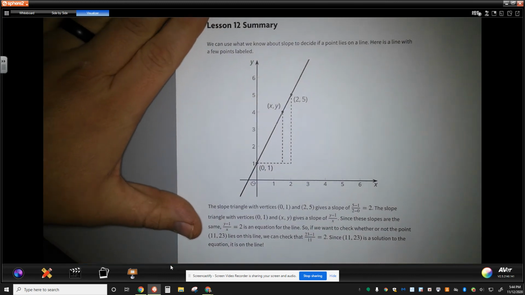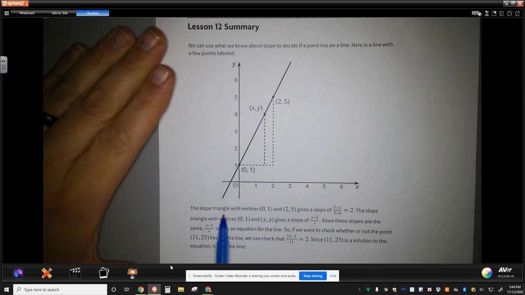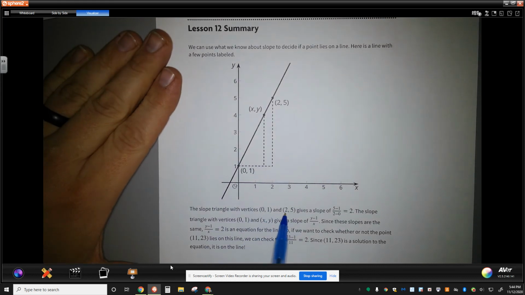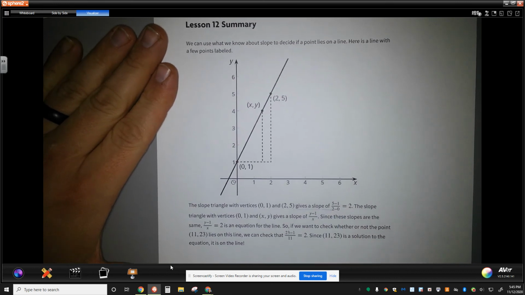To close this all out, we can use what we know about the slope to decide if a point lies on a line. And here is a line with a few points labeled. The first thing we want to do is a slope triangle with the vertices 0, 1, and 2, 5, which gives us a slope of 5 minus 1 divided by 2 minus 0.